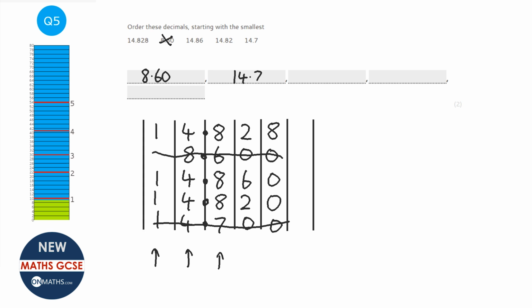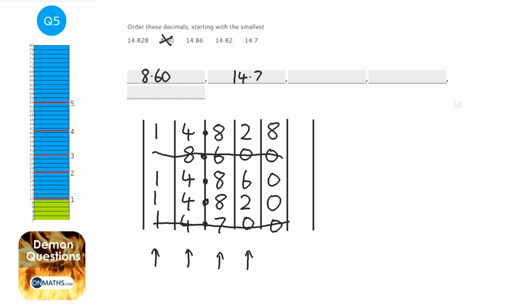All the other 3 have tied because they're all 8. So I move on to the next column. Now, looking at this, there's 2 2s and a 6. Now that 6 is definitely the biggest number. So I could fill that in as the biggest number. And we've just got to work out what the smaller of these remaining 2 are.